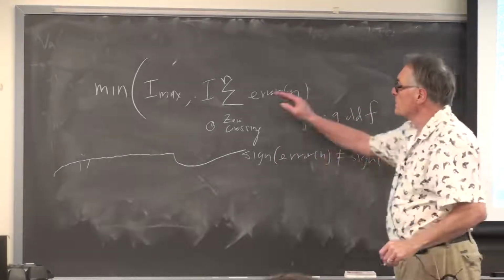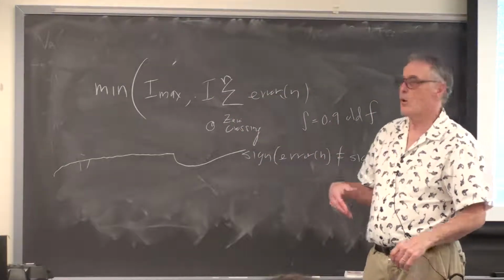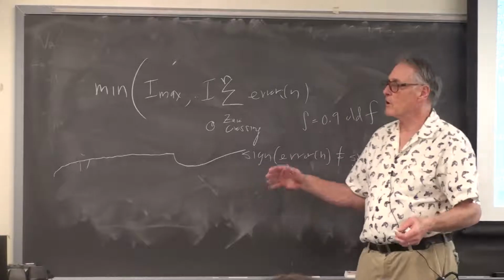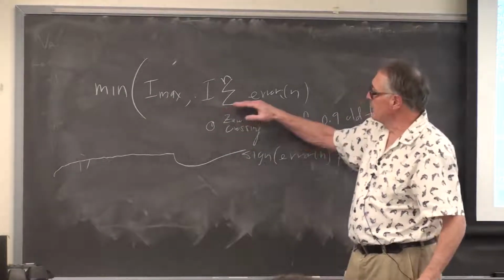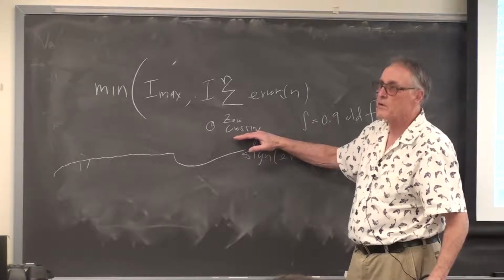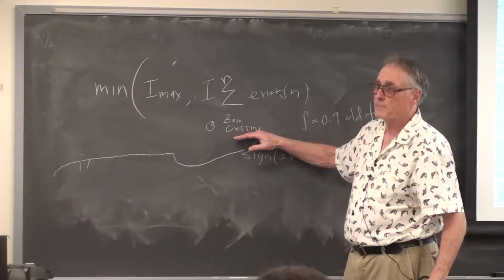In other words, you take whatever value it's at, multiply it by 0.9 or some fairly large fractional number, and reset the integral to that value rather than 0. In other words, you decrease it a little bit.